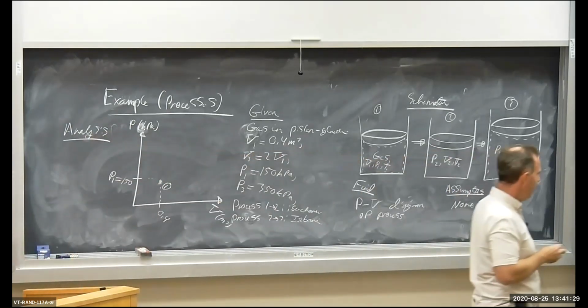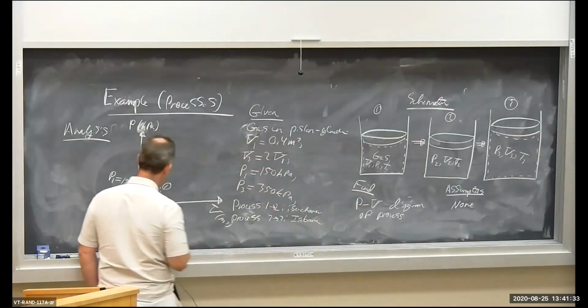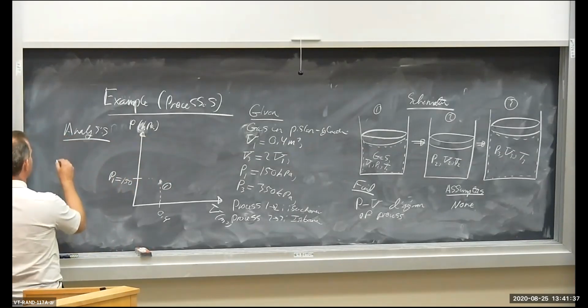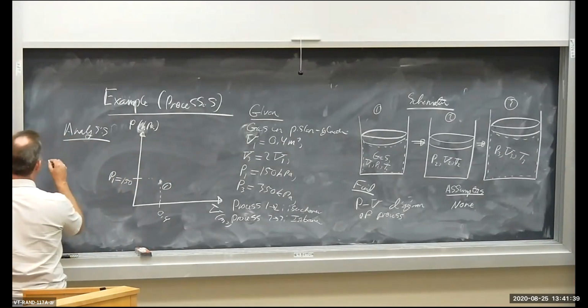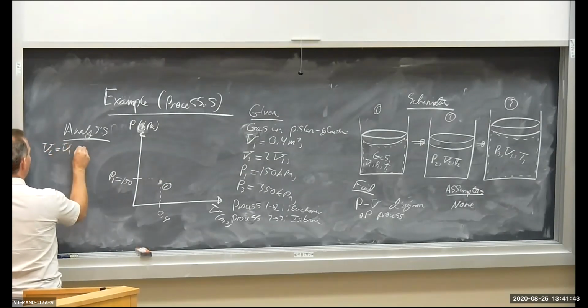All right. Now we're told process 1 to 2 is isochoric. Isochoric means constant volume. So I'm going to write right over here, V2 is equal to V1. Why?